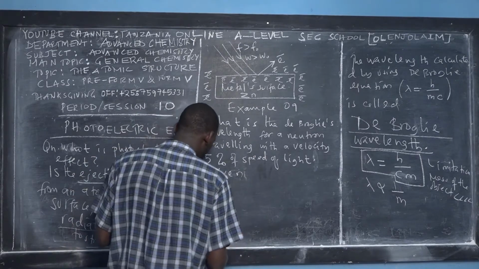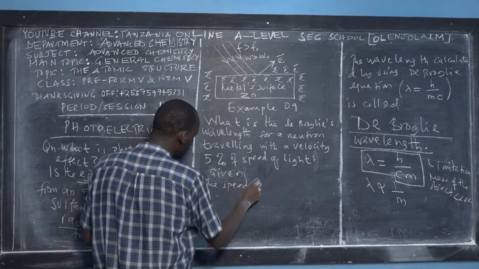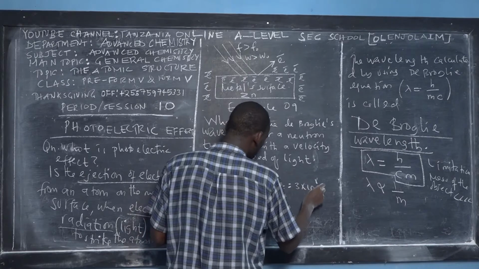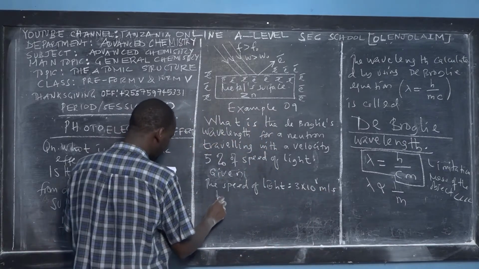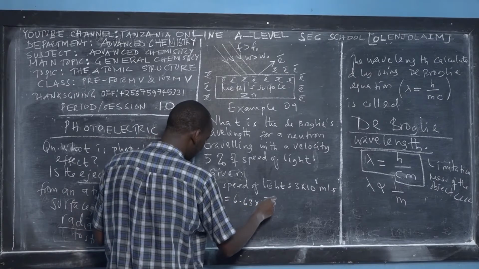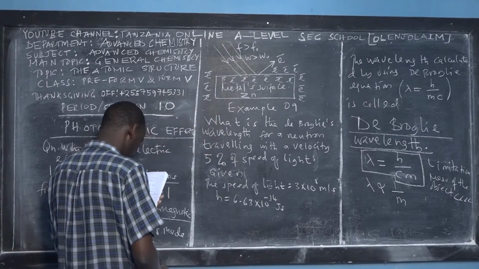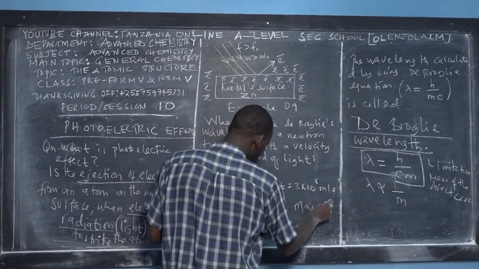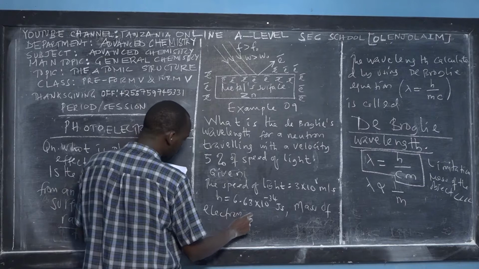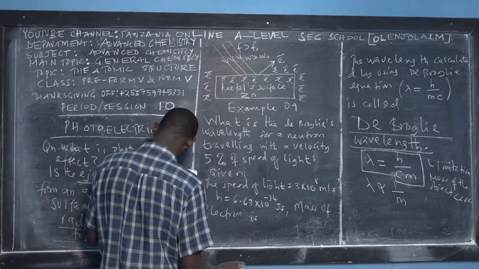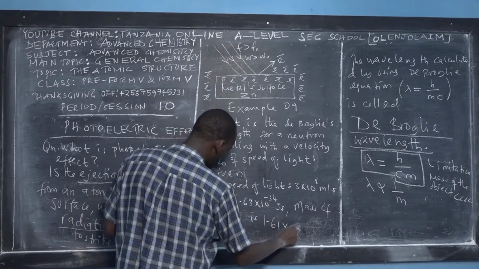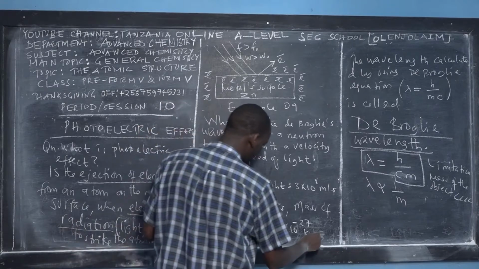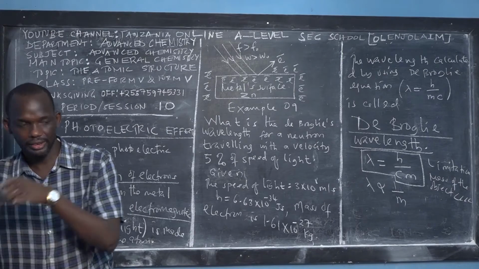Given the speed of light equal to 3 times 10 to the power 8 meters per second, Planck's constant equal to 6.63 times 10 to the negative 34 joule seconds, and the mass equal to 1.61 times 10 to the negative 27 kilograms. These are the data that are being given.